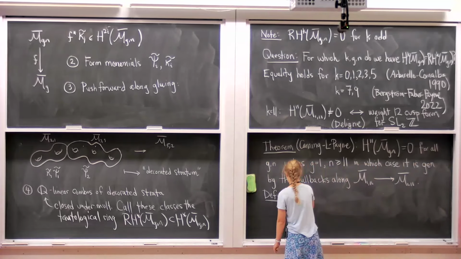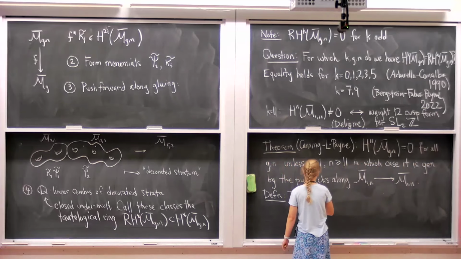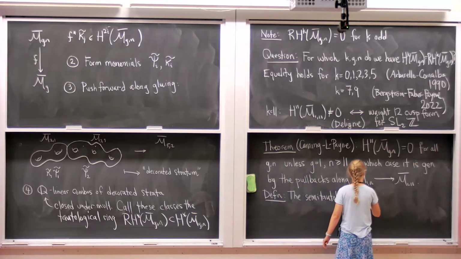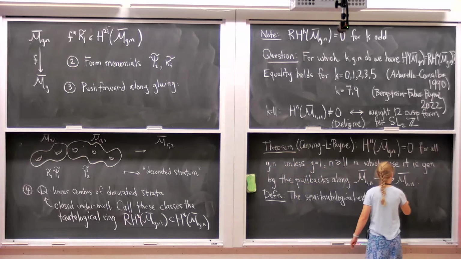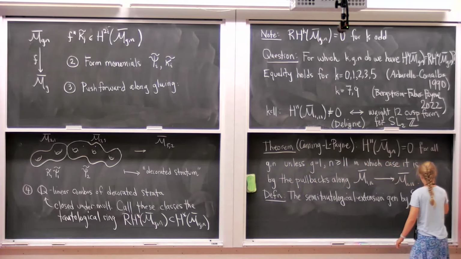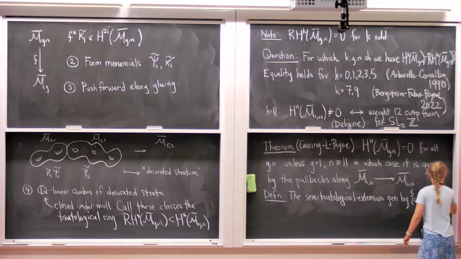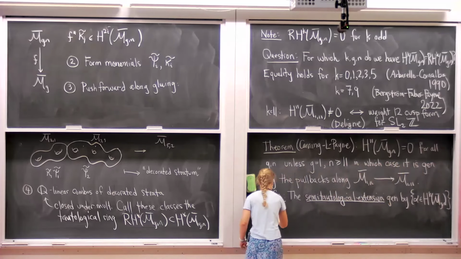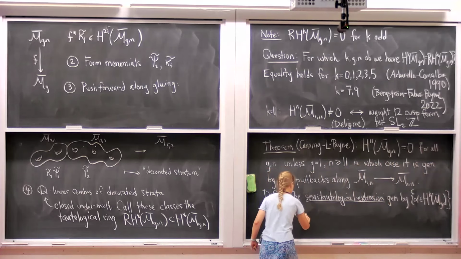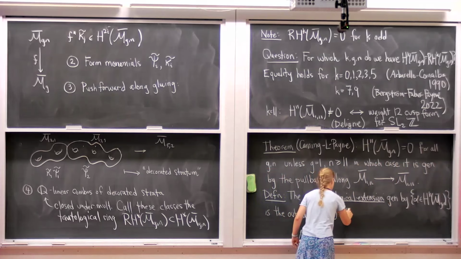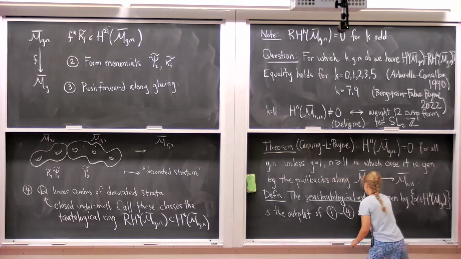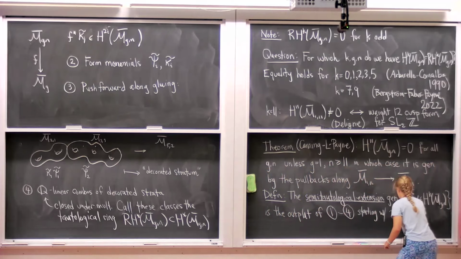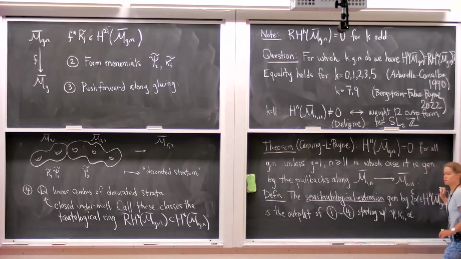I'm going to say that the semi-tautological extension generated by a collection of classes in the cohomology of M_{g,n} bar is the output of running steps 1 through 4, starting with the psi classes, the kappa classes, and these new alphas.